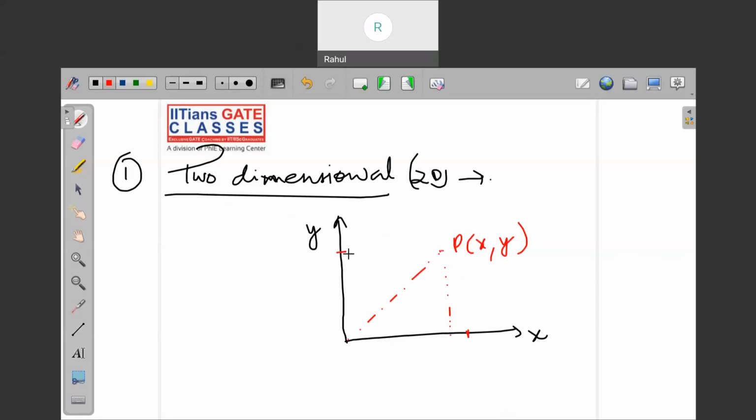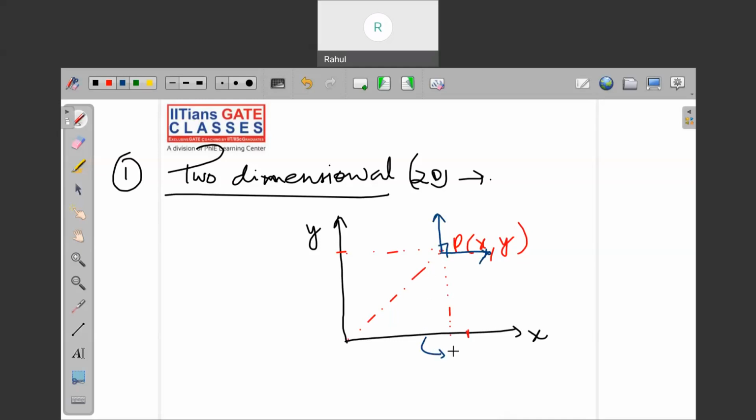And you can also tell the direction using the unit vector. If you are going in the y direction, y is increasing, and in this direction x is increasing. So this point P can be located in the two-dimensional plane. This is the x axis, and there is a y axis.